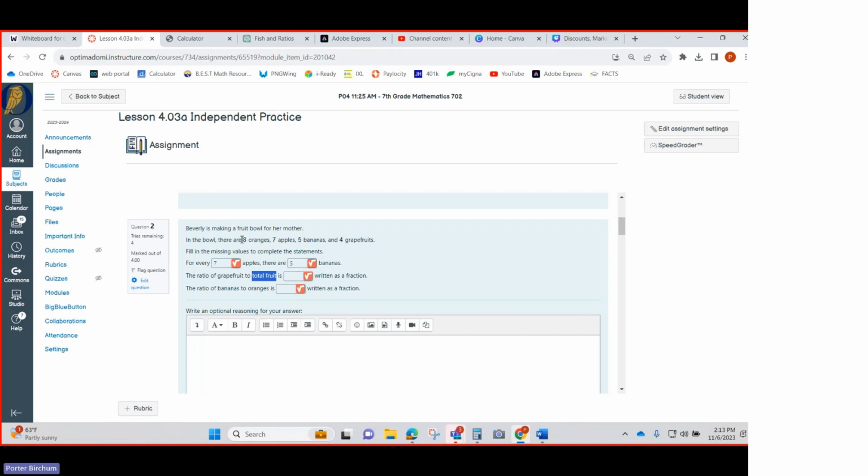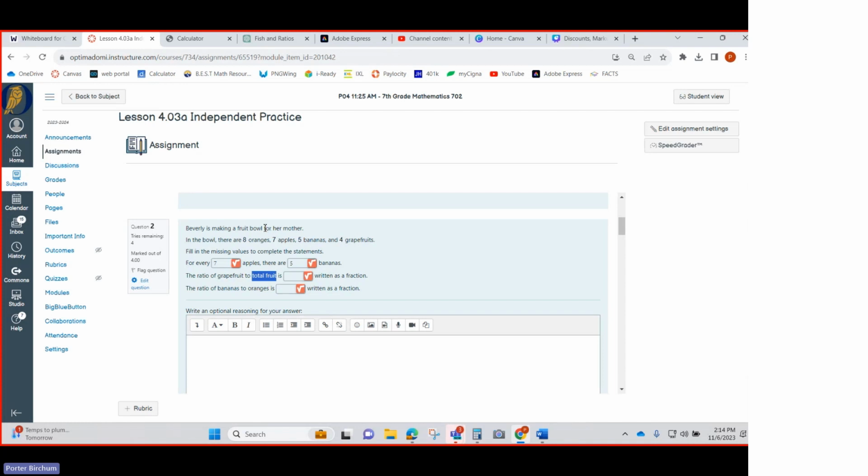I think I'm gonna add all these numbers. Total, gonna add them all. Oranges, apples, bananas, grapefruits, if they're all in a cart and I count them all up, kind of like adding. So 8 plus 7 is 15. 15 plus 5 is 20. 20 plus 4 is 24.